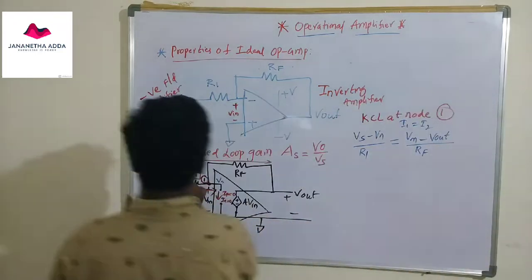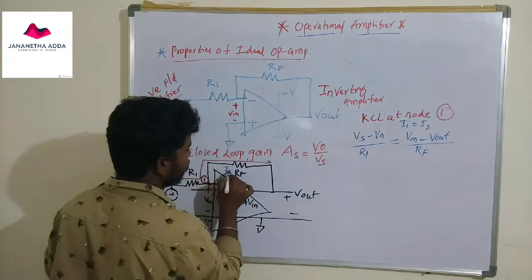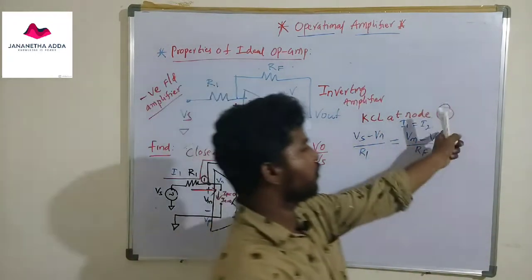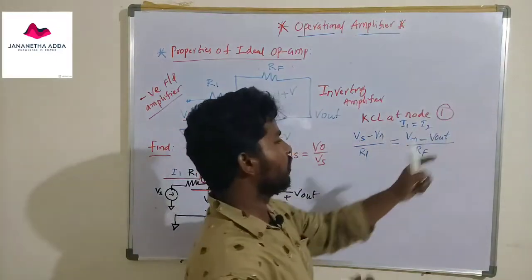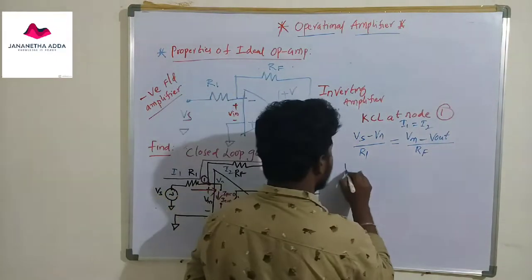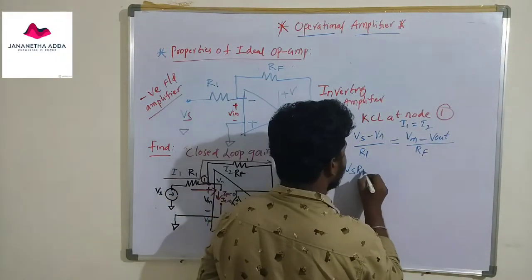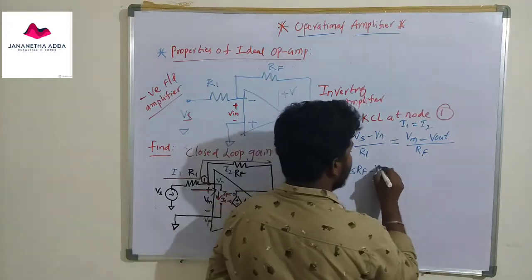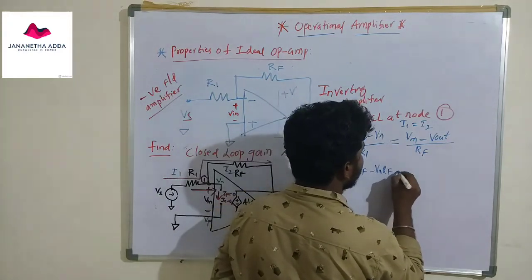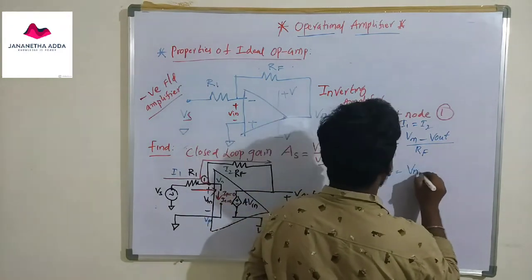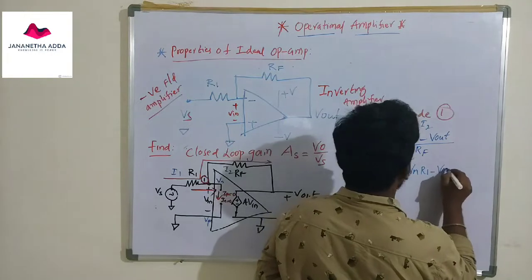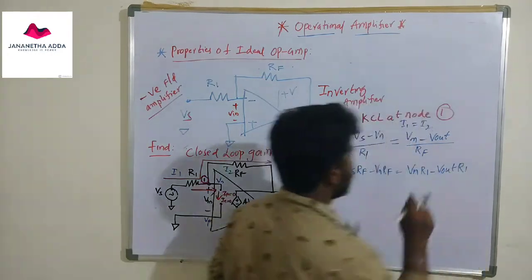If I assume that here I1 is flowing, then there is I2. Because I1 is equal to I2, we get the equation. If I cross multiply both terms, we get Vs into RF minus Vn into RF, and Vn into R1 minus V out into R1.